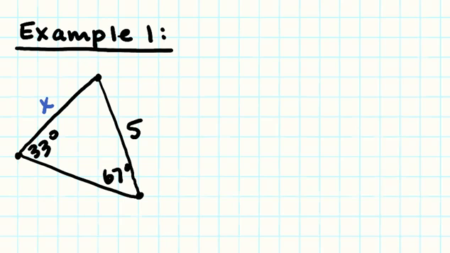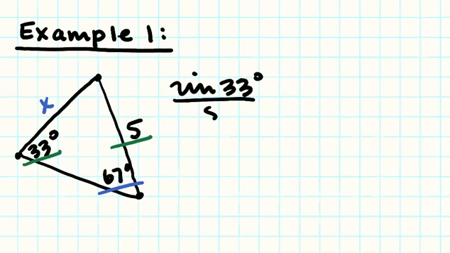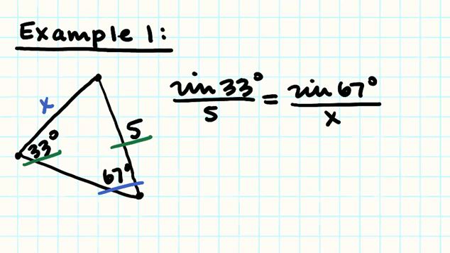I'm going to set up the law of sines, where the sine of 33 over 5 will be equal to the sine of 67 over x. So sine of 33 degrees divided by 5 is equal to sine of 67 degrees divided by x.